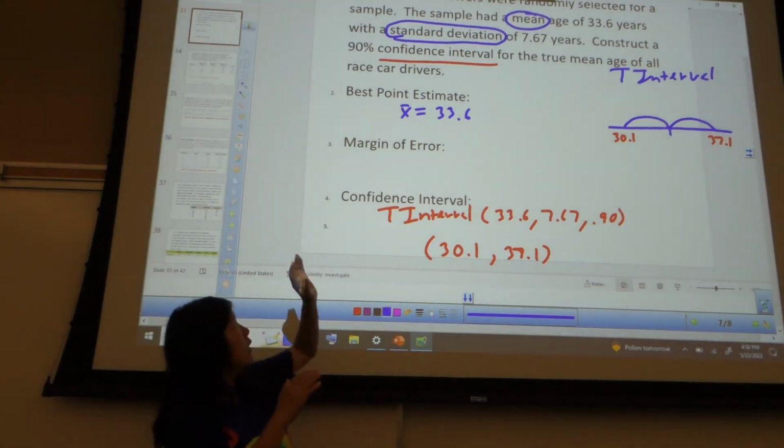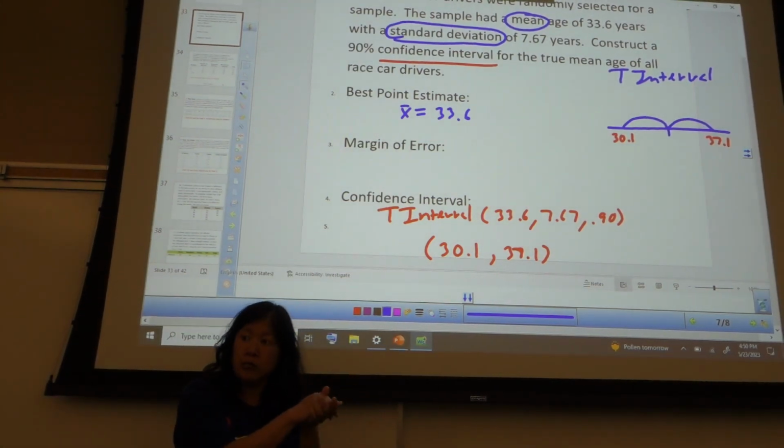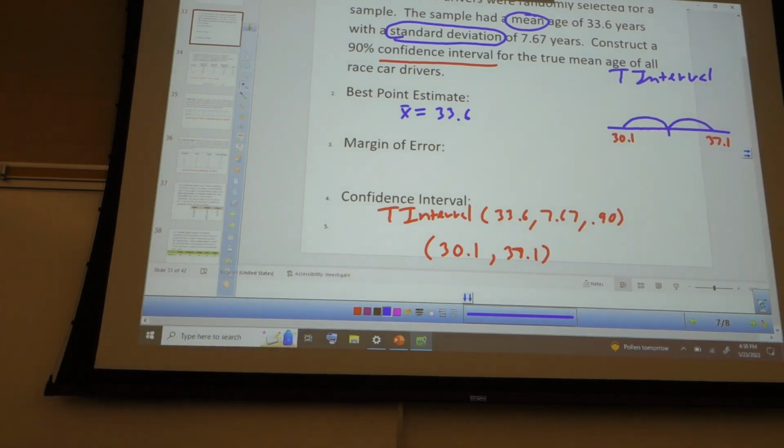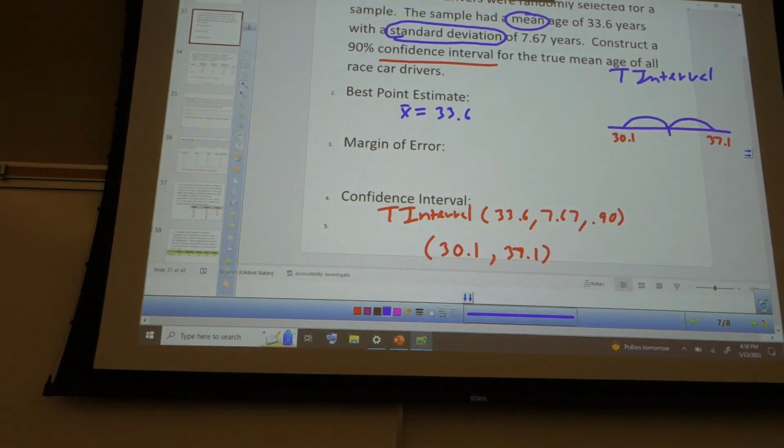You have to either write down x bar only, or label it as the best point estimate, like BPE. Just write it next to this one, and you're fine. So that goes here.